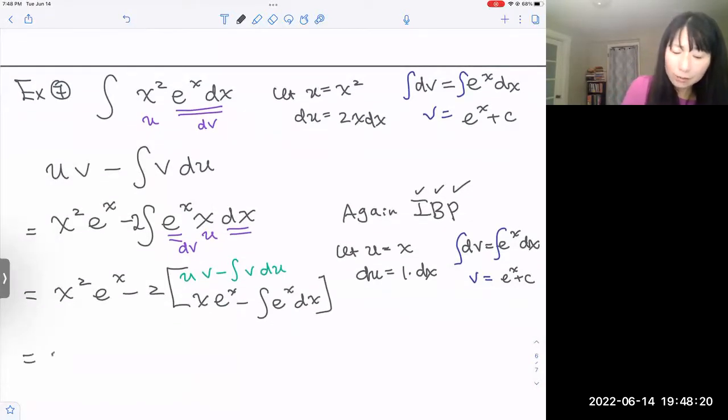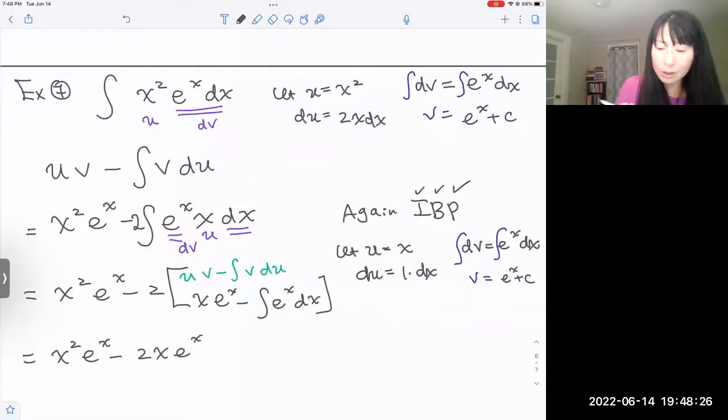Then we have x squared e to the x minus 2 x e to the x. We distribute the minus 2, and the integral of e to the x dx is e to the x. Negative times negative is positive, so we have a positive 2 e to the x plus c.